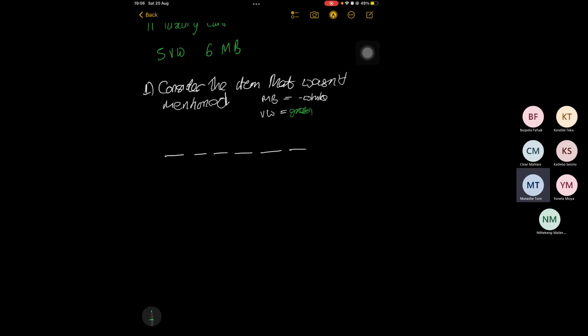What about the VWs now? The VWs can only occupy this position here, which is 1, 2, 3, 4, 5, 6, 7. So the VWs can occupy either one of these positions indicated in green. Then the Mercedes Benz can only occupy the positions indicated in white.